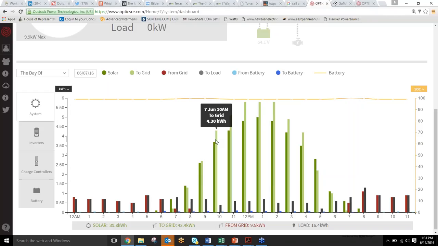I'm not quite sure how he's sending more to the grid than he's producing there, but oh well, that's good for him. What he's using from the grid, you can see at nighttime. He's got a base house load of a little bit under 100 watts, and what is going to the load, those are going to pretty much match up at this point. He might have floated his battery a little bit, something like that.